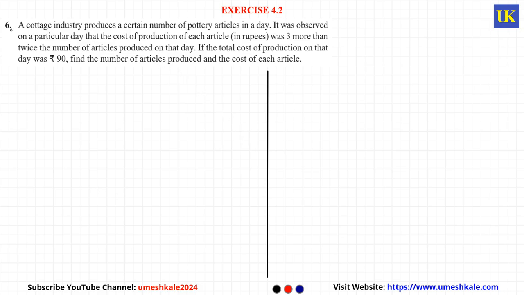So now we'll see the sixth sum, which says a cottage industry produces a certain number of pottery articles in a day. So there is one cottage industry which is manufacturing pottery articles, pottery objects.